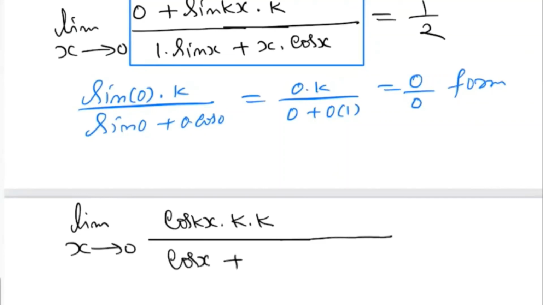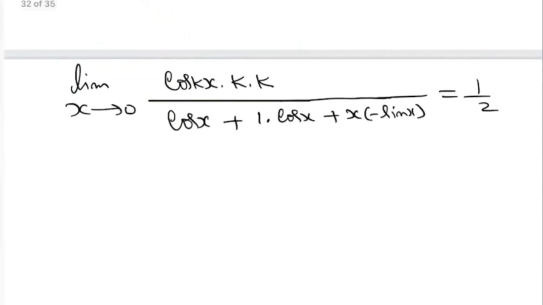Now again x into cos x, product rule, differentiate first function, keep the second as it is, plus keep the first one as it is, differentiate the second, that is equal to 1 by 2. Now take the value of x equal to 0.